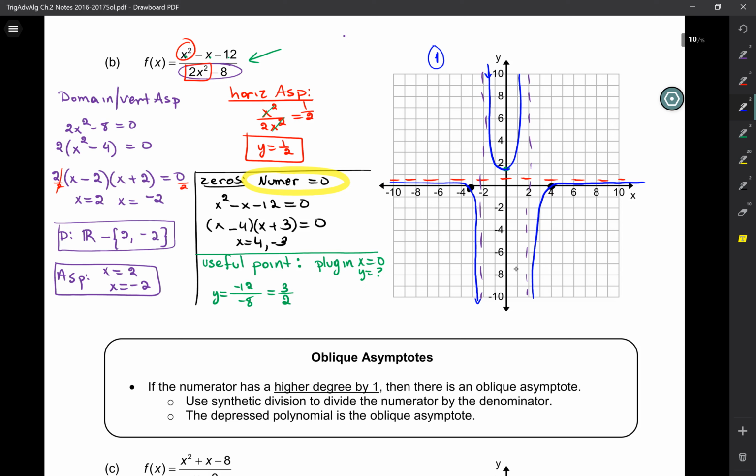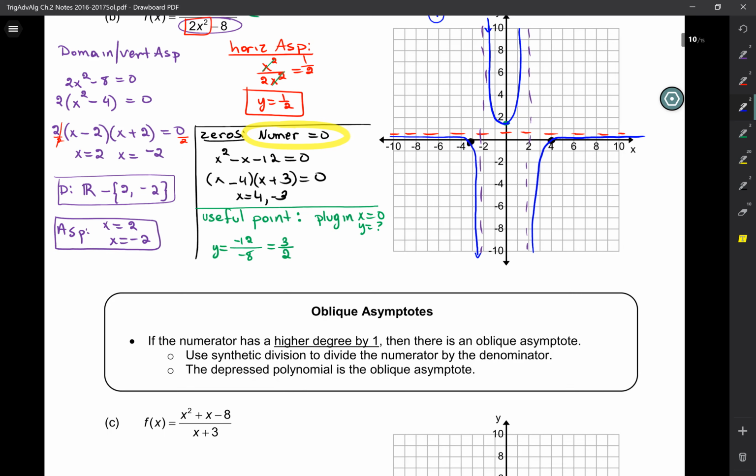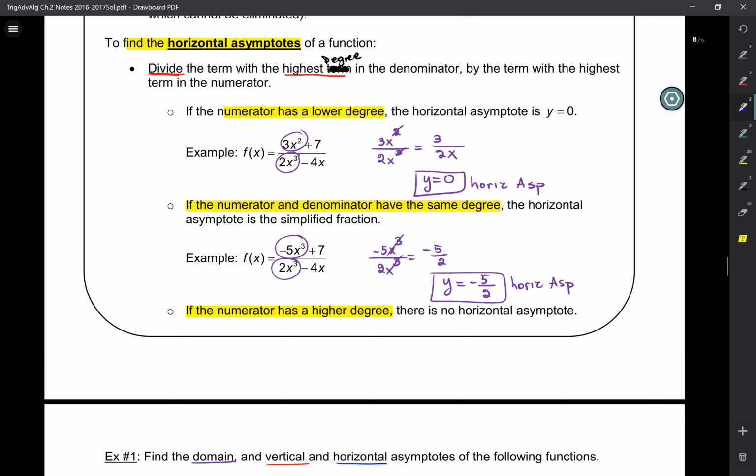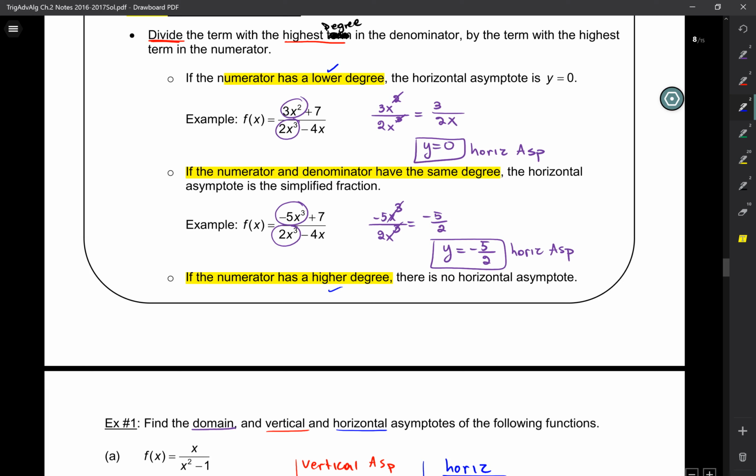I don't understand the blue lines. Okay, so basically, when we were talking about horizontal asymptotes, I said that if the numerator has a lower degree, then it's one thing. And then I said if the numerator has a higher degree, there is no horizontal asymptote. Now, we're going to revisit that.